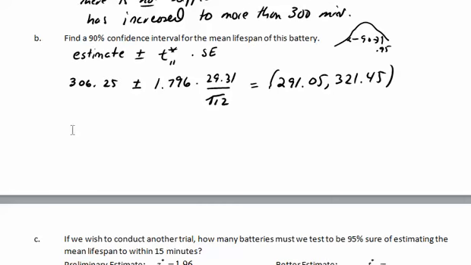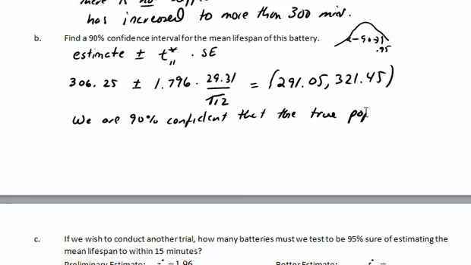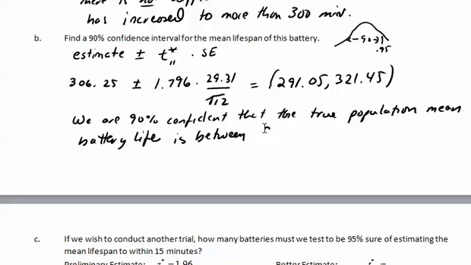Okay, and so we need to write a conclusion. Our conclusion would be we are 90% confident that the true population, that's the critical word here, population mean battery life, in context, is between 291.05 and 321.45 minutes.